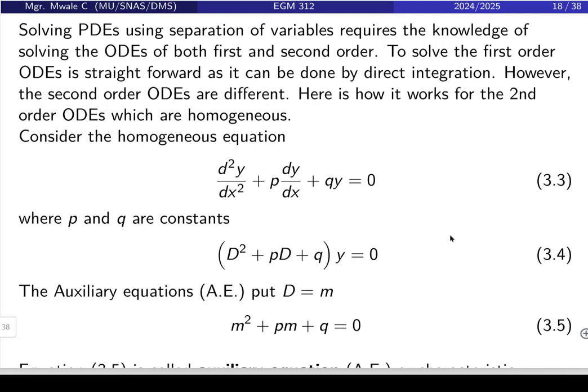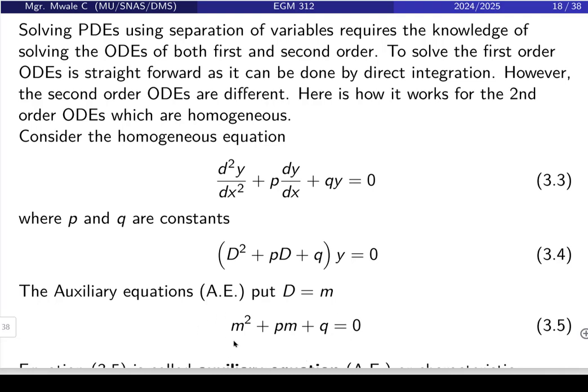Now, the auxiliary equation results in three situations or three cases. Like I said, if it is of first order, it's straightforward. Direct integration works, and then you have the solution. But if it is of second order, then there's need to come up with the auxiliary equation, which is shown here.